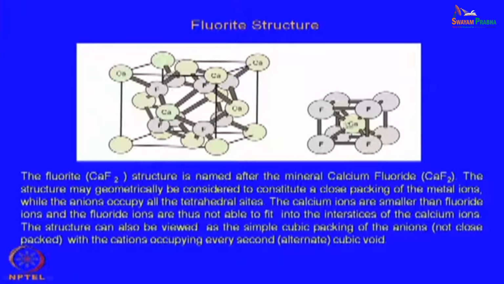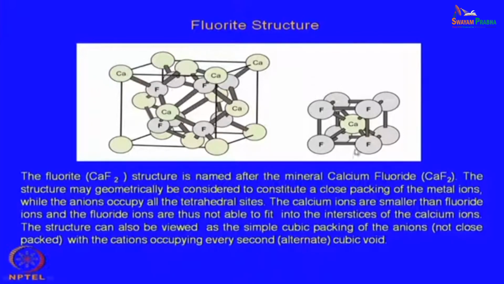So, its contribution to this particular unit cell is also 1. So, if this particular unit cell is repeated in the volume, then the fluorine to calcium ratio should be 1:1 in the compound.